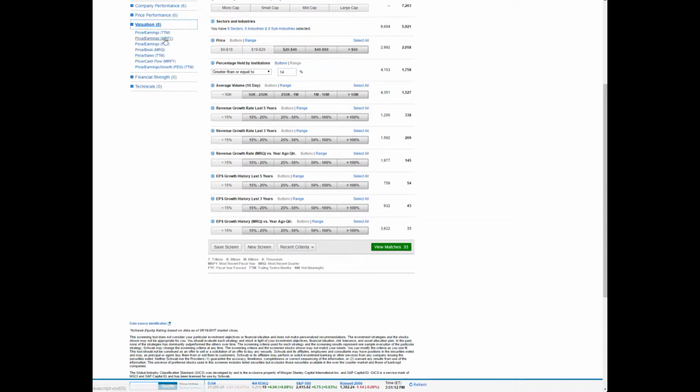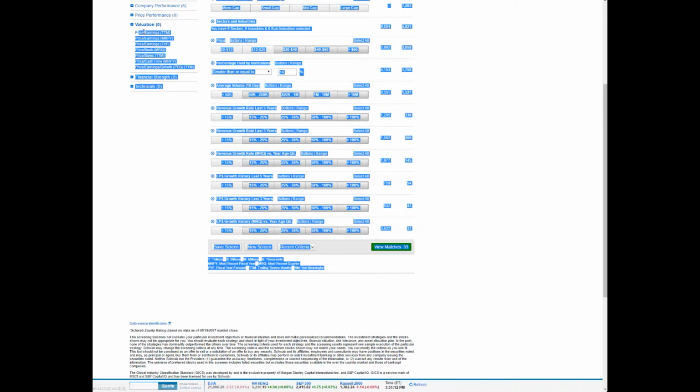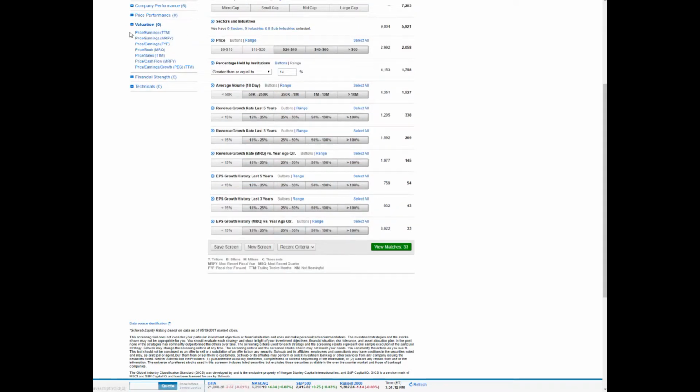Valuation. Honestly, don't care about I think any of these. Yeah, I don't think I care about any of these. People really harp on price to earnings, but if you look at the correlation between price to earnings and the potential growth of a stock price, you'll see you will miss out on a ton of money if you think that price to earnings actually matters.